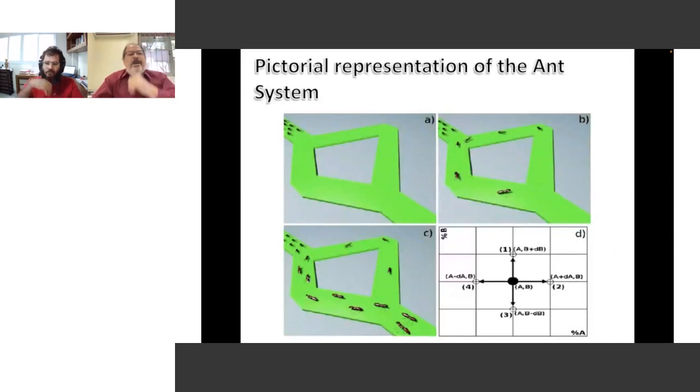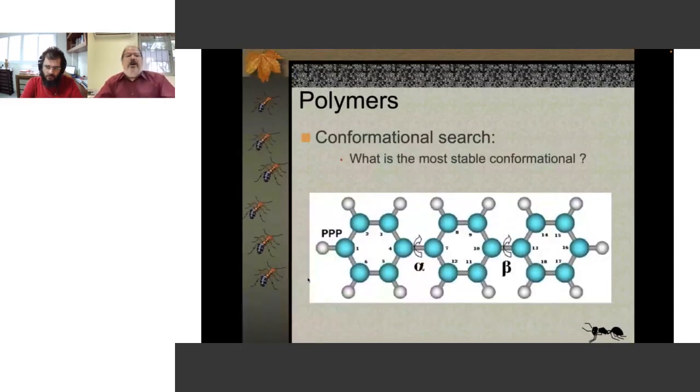But you can use the same principle to create a computer algorithm to try to solve problems for us using the same kind of approach. As a proof of concept, I'll give you an example. A polymer has hundreds to thousands of rings, but suppose you have just 3. They are free to rotate along these bonds.